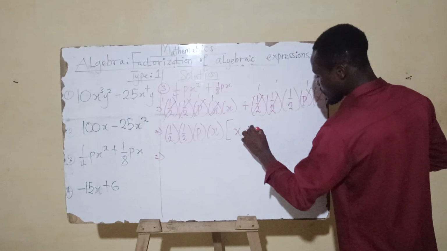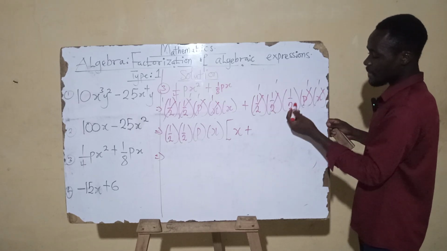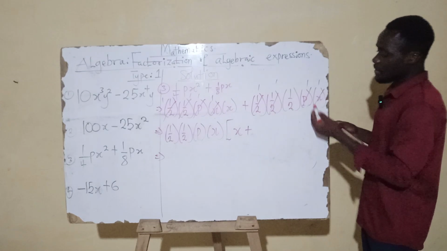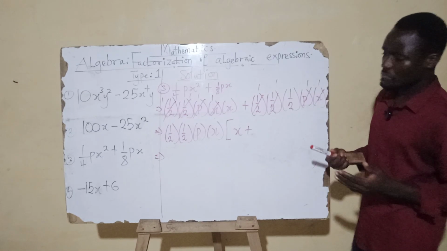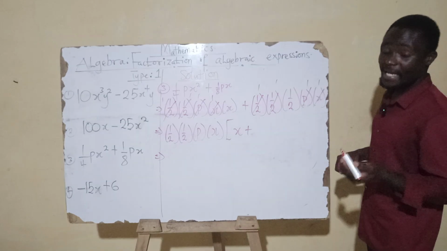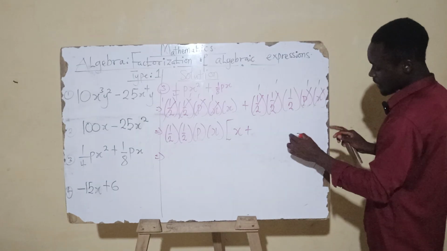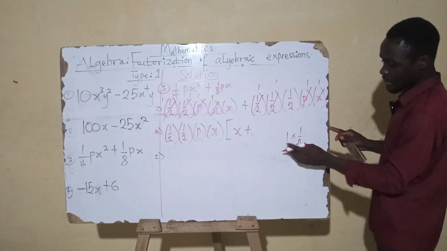Very good. So plus, now when we come here, let's start with 1. So 1 times 1 is 1 times half, which gives us half. I believe we agree with that. Now, someone is asking, how come 1 times half is half? So let's see. This is a whole number, it has a denominator of 1.